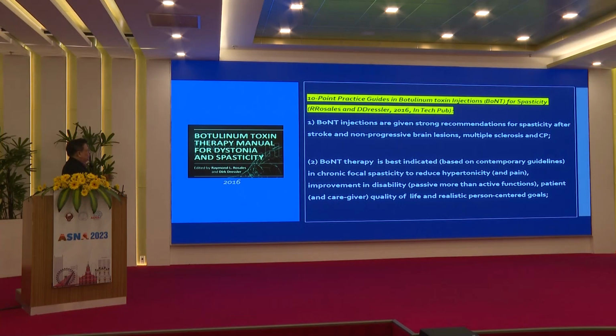Let me just, towards the end, tell you that there are a lot of guidelines already looking at the use of botulinum toxin in spasticity, including stroke, multiple sclerosis, and CP, and they are best used in chronic spasticity in the past.